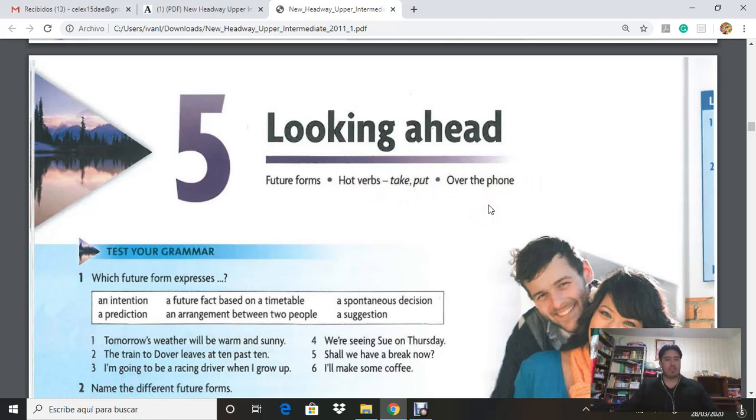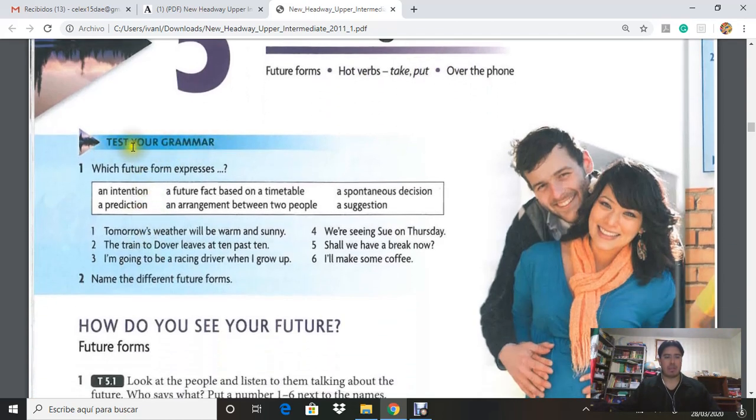First of all, let's start checking the Test Your Grammar section in this blue square that we have here. The introductory question at point number 1 says, which future form expresses? There, we have a white box with 6 different functions of the future in English.